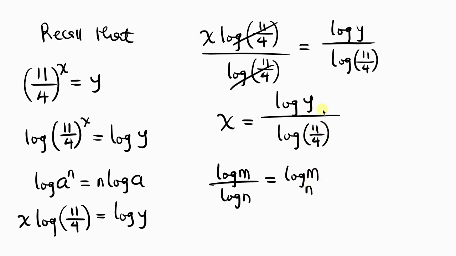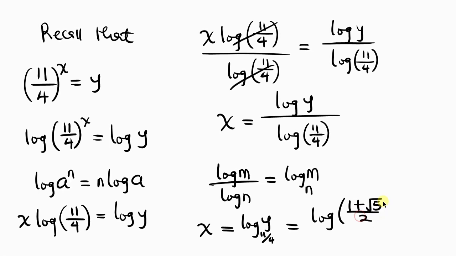So that means this expression can be written as x, which is the value of x, is equal to log y, now base 11 over 4. You see that? That's it. So now bringing out the value of y, so this is log y. What's the value of y we are using? We're using 1 plus the square root of 5 all over 2. So that's the value of y we're using. And now base 11 over 4.